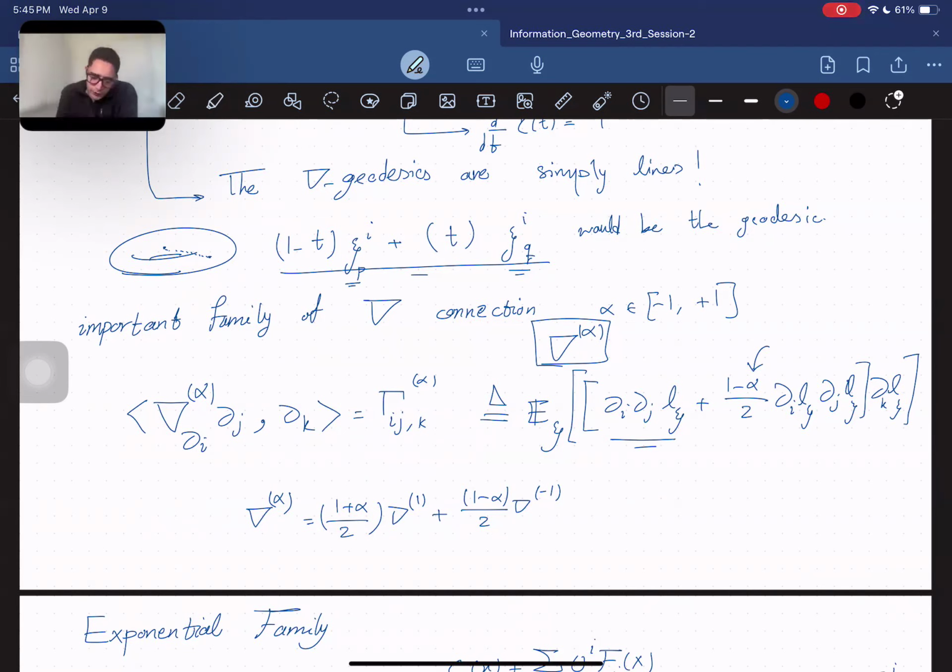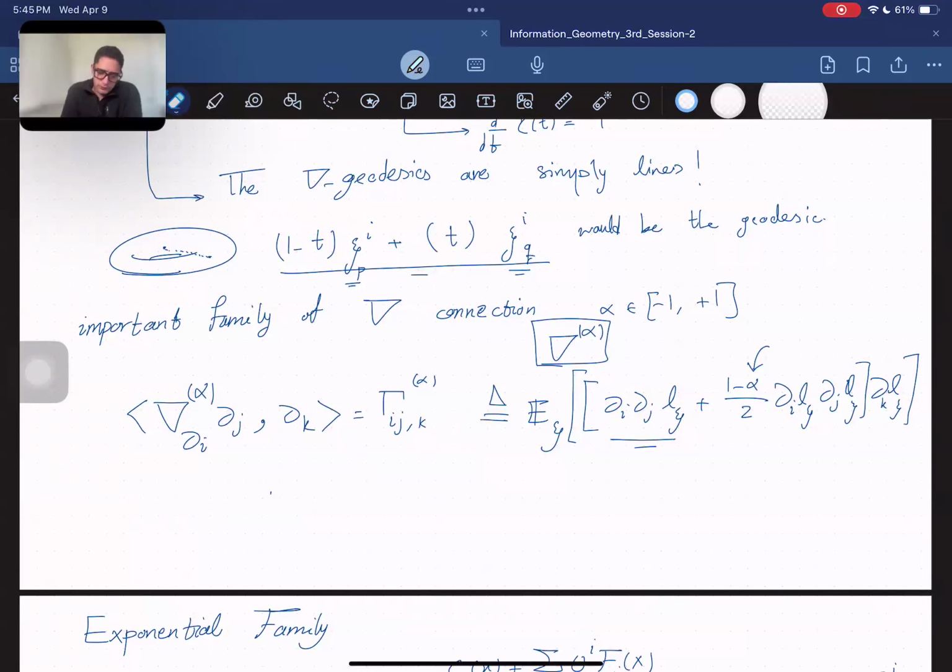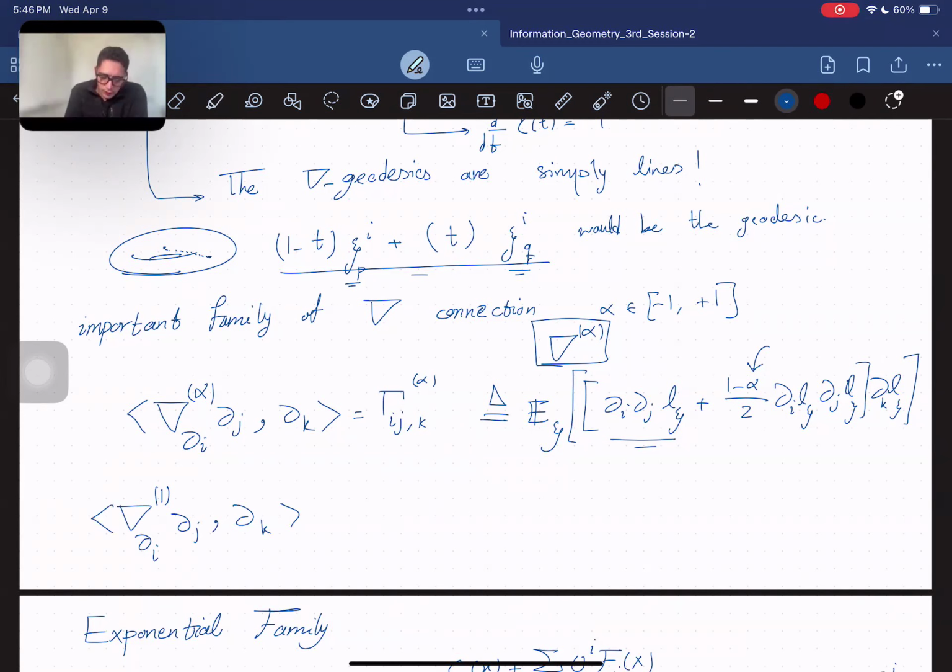So if we take a look, for example, at the natural connection of alpha equals 1, what would it be?